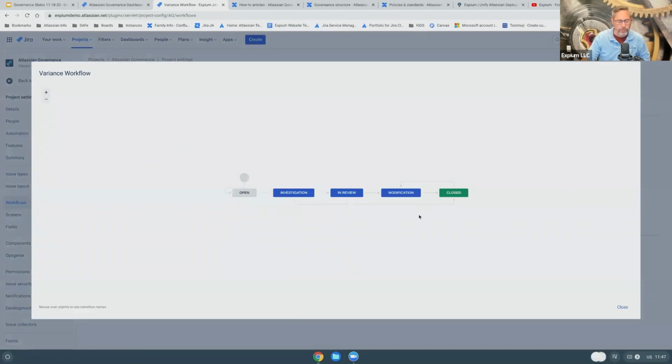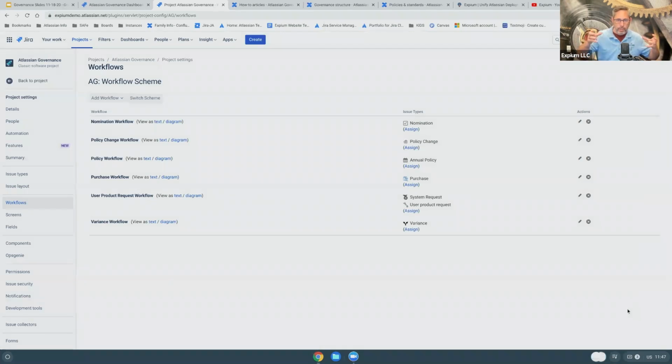So different investigation or whatever, maybe a variance, then maybe that translates into a policy adjustment, right? Maybe at the end of this modification post function, we automatically create a policy issue type or something like that.